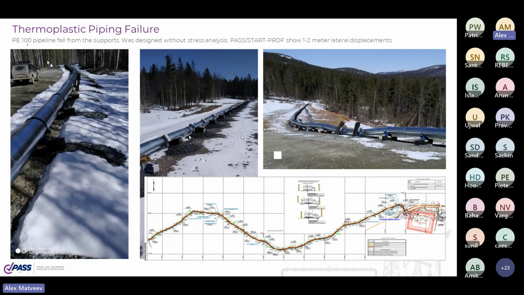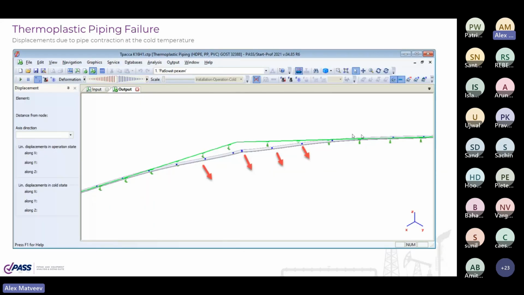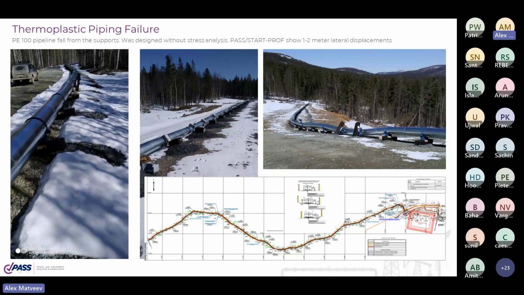When they analyzed this piping, we received the great displacements of this pipe in lateral direction, and the displacement was about 0.5 meters. And at some locations it was 1 meter, so very huge lateral displacements, and this caused the problem with supports.